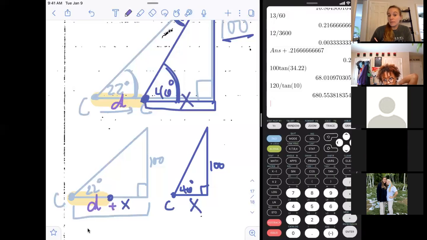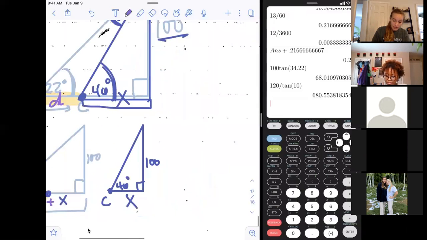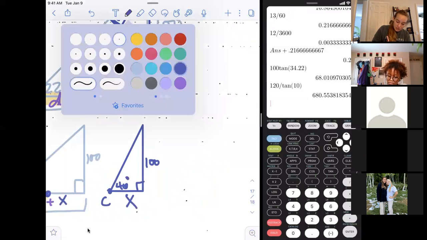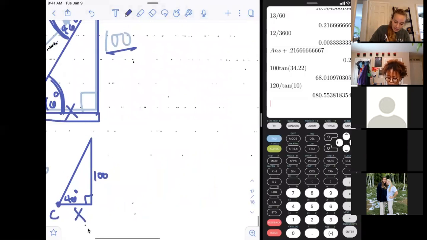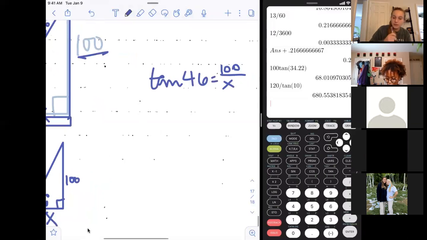Now this is actually going to be pretty simple. We just have to solve one triangle before we do the other one. Let's do the one that only has one variable, right? I can't solve it if there's two variables in it. But if I take this darker triangle right here and solve for X, I'm going to get tangent of 46 equals 100 over X. Again, multiply X by both sides, divide by tan 46 on both sides.